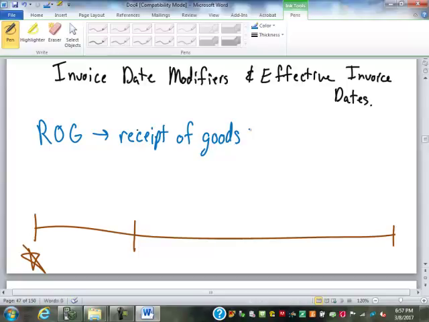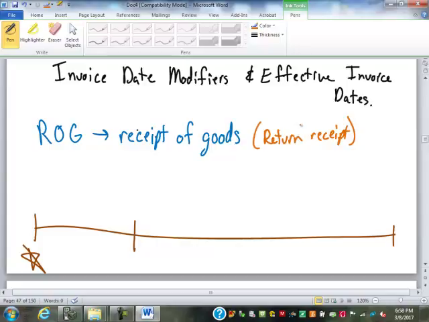So most of your major shippers have what's called a return receipt. Now with all the electronics and the internet, the supplier actually can get a computer message the day that the shipping company delivers it.